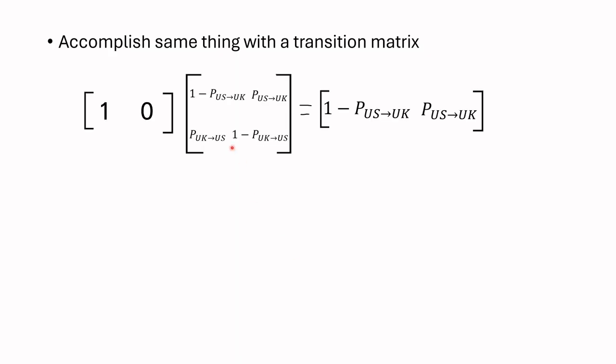The way that you calculate it is basically the row vector times the transition matrix. A note here: in Markov chain theory, you might think you would represent the population, or whatever your distribution is, as a column vector, but that's not how it's done in the literature.